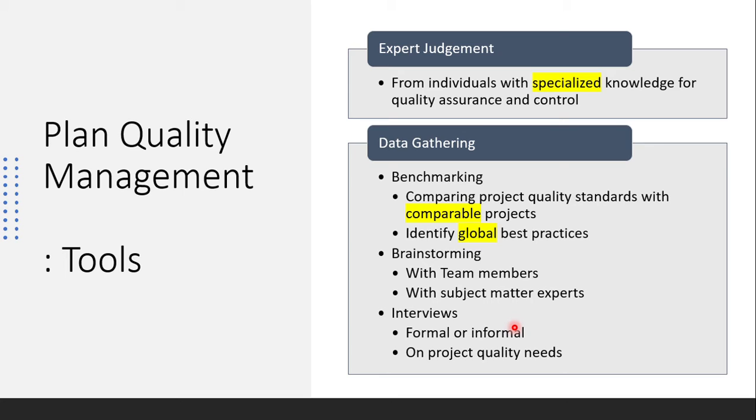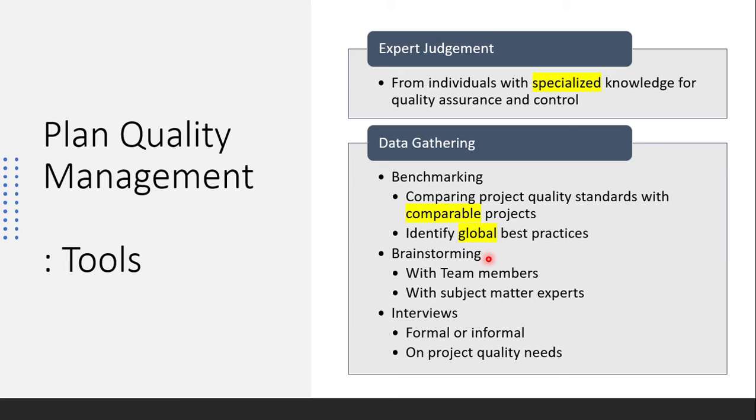So this expert knowledge you can tap in order to plan quality in your project. Then again, as a project manager, when planning quality in your project, you will definitely have to start looking at what comparable projects have done.